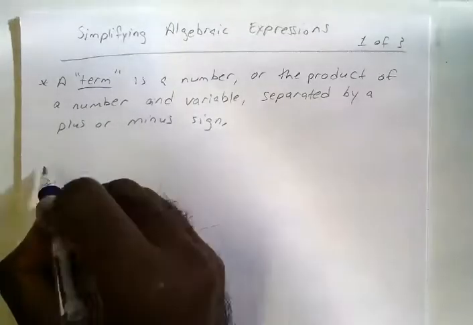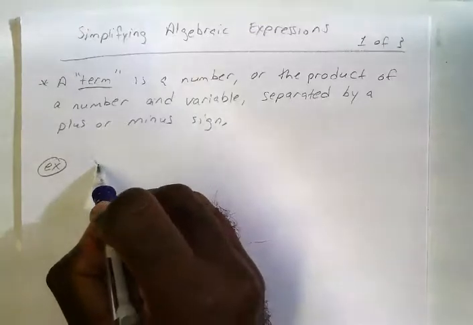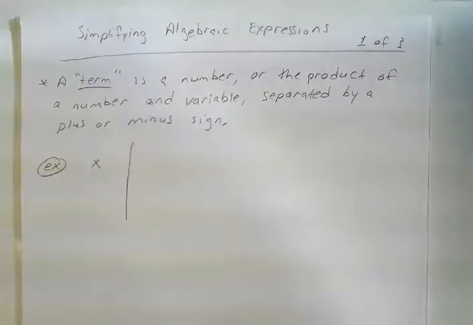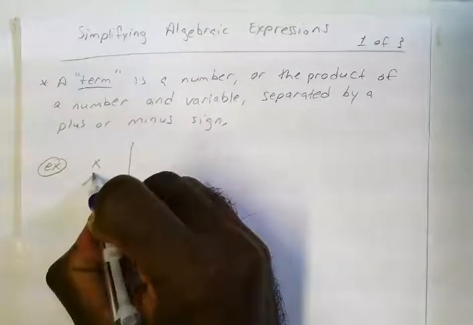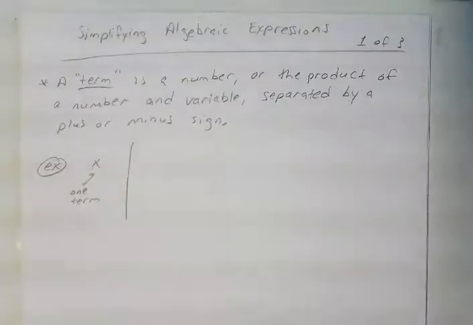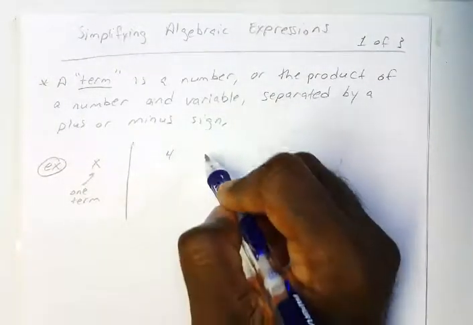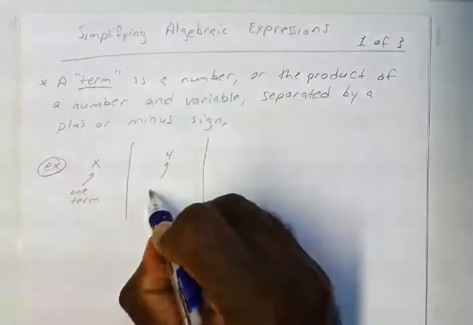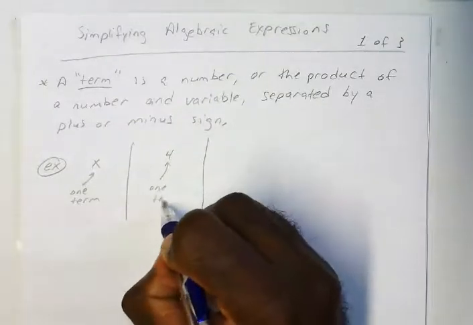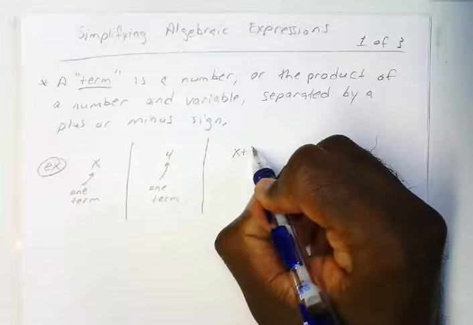Okay, so for example, if you have x, that's just one term. If you have 4, that's just one term. You have x plus 3.